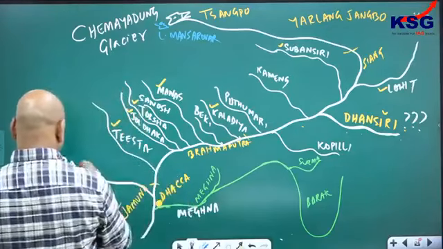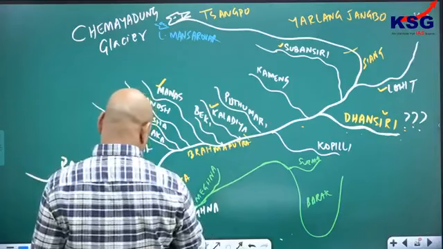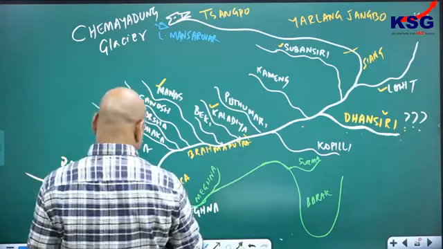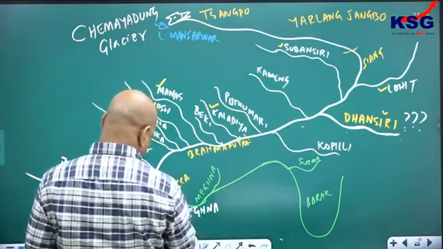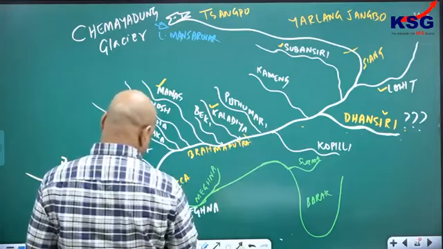This is Padma. Here it is called Padma, and here also it is called Padma, right? After meeting, Meghna is a major tributary, with a lot of distributaries also here.